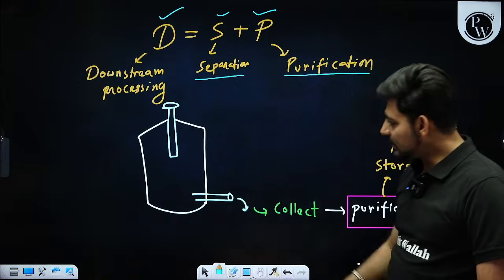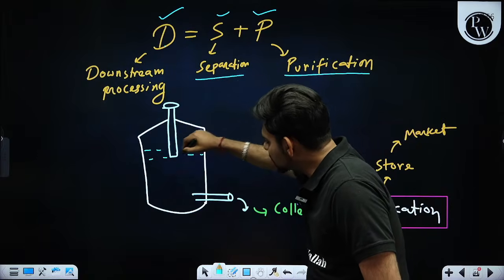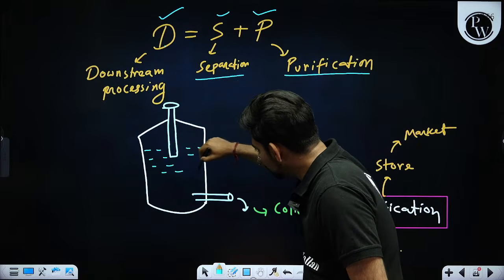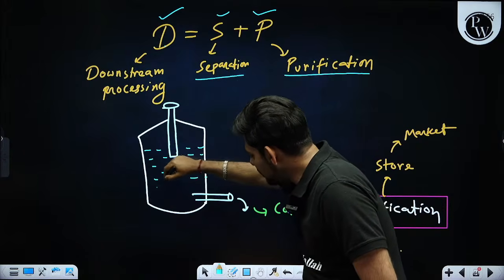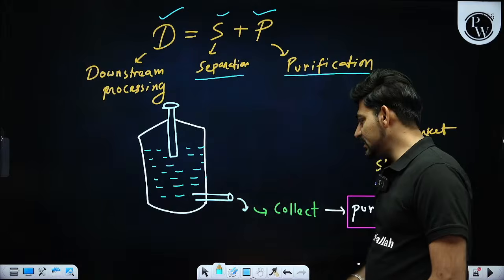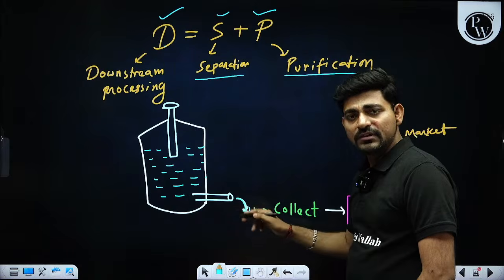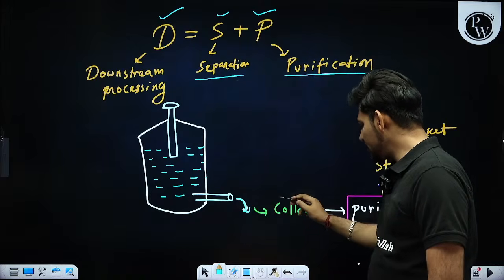So, remember the continuous culture method that is happening inside the bioreactor. The culture is happening inside the bioreactor, and when you are done with the culture, you have to take out the culture media along with the cells and the product produced.